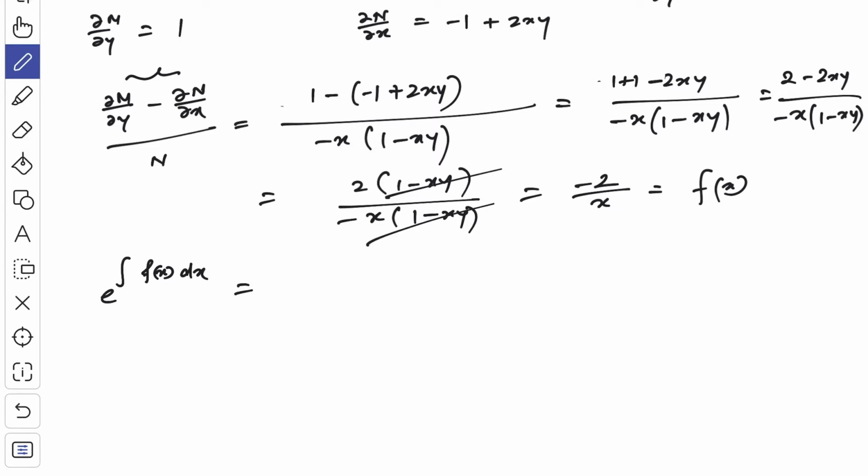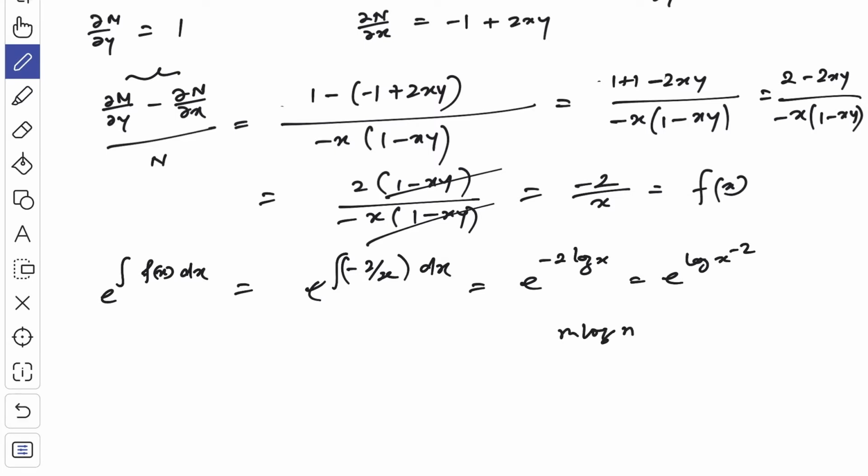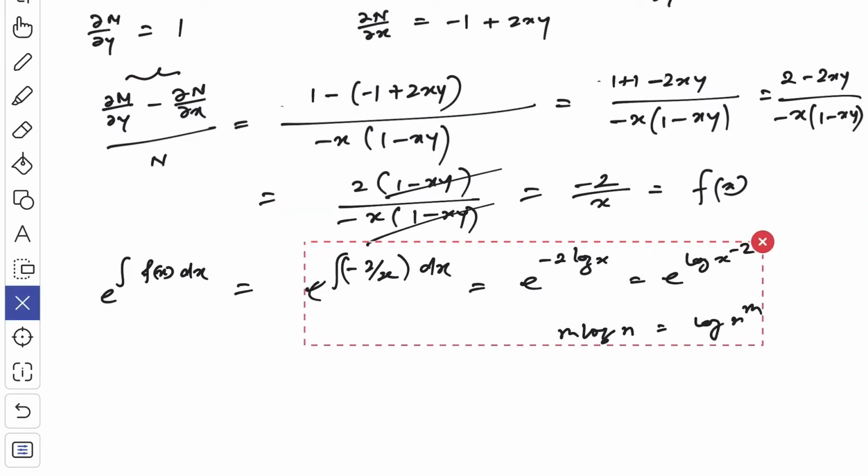That's going to be equal to e to the power integration of minus 2 by x dx, and that's going to be equal to e to the power minus 2 log x, and it can be written as e to the power log of x to the power minus 2, and here we have used the property of log, that m into log n is log n to the power m. So we know that property that is used here.